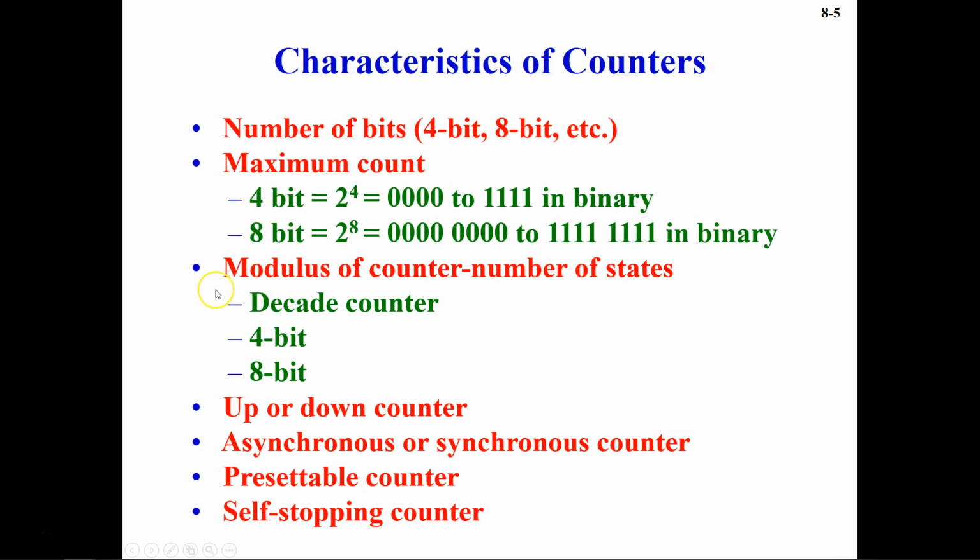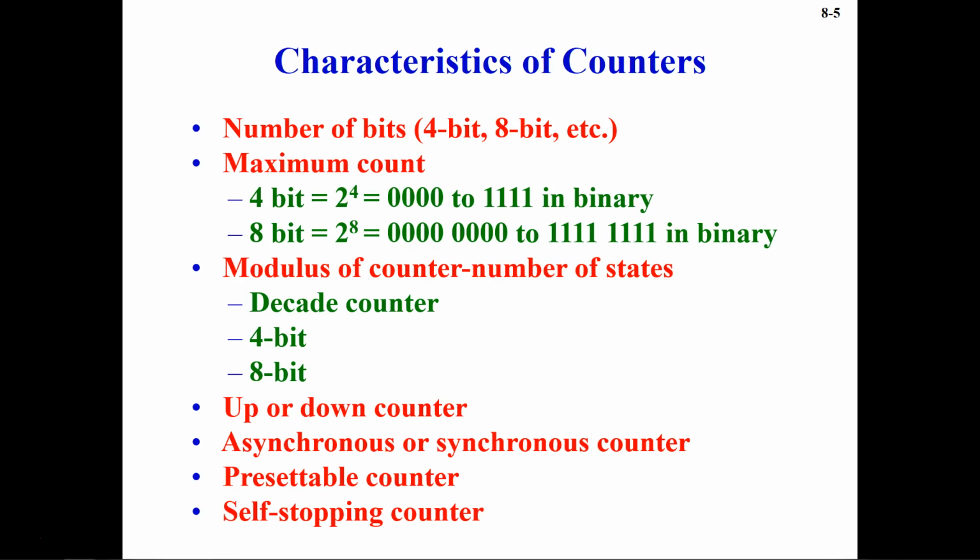Now what is the modulus of a counter, the number of states? If we design a counter, for example, a 4-bit counter to count from 0000 to 1111, we need a device that has 16 different output states, because counting from 0000 to 1111 gives 16 different states. So we can say that the modulus of that kind of counter is 16.